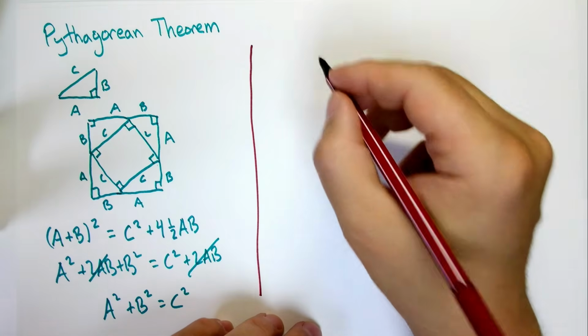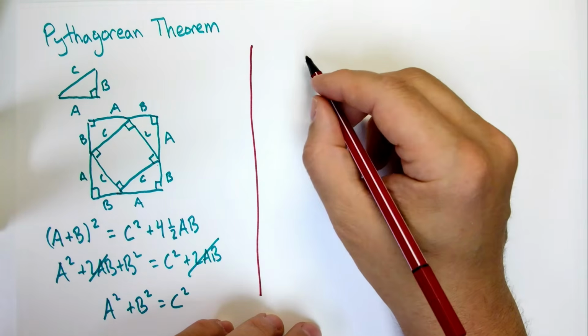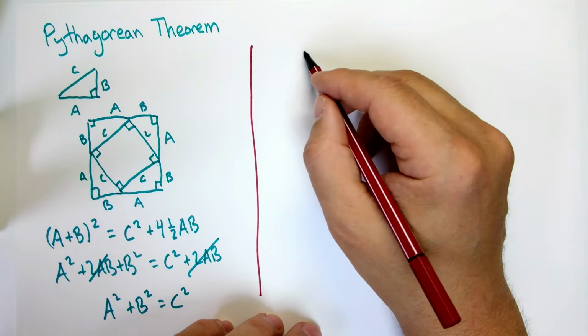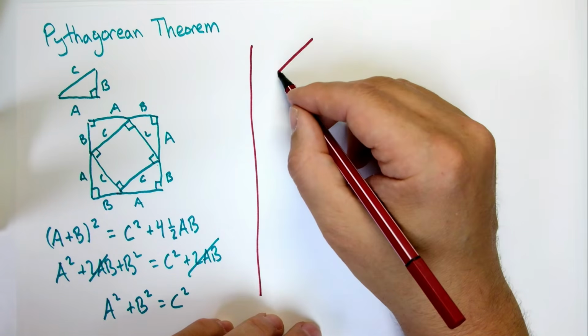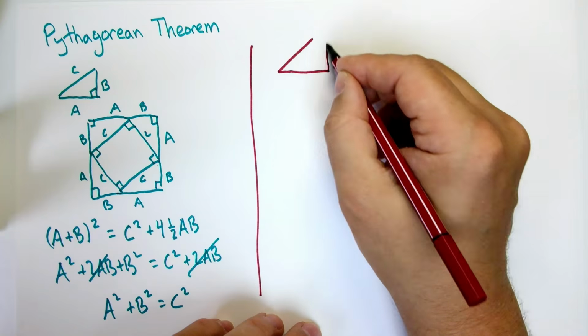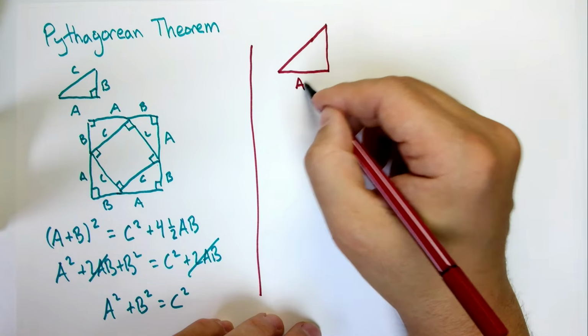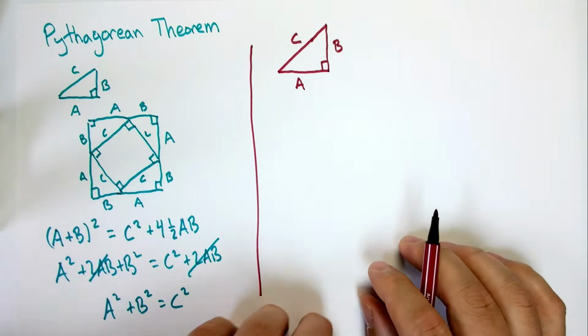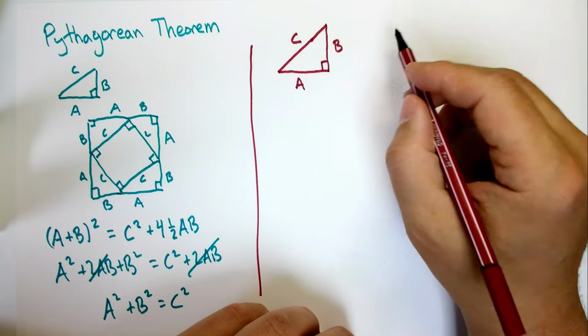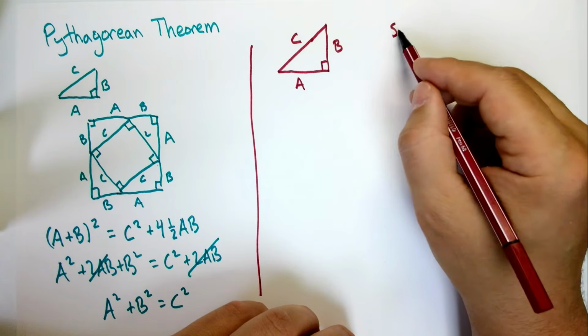All right, so let's start with our triangle, and let's just make an observation. Suppose I have my triangle here. All right, so here's A, B, and C. Now, what's the observation? Let's talk about scaling.